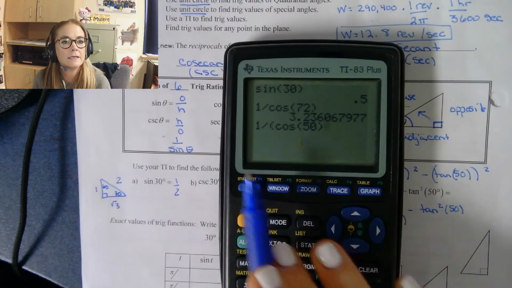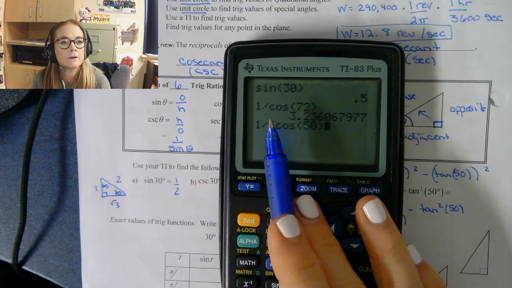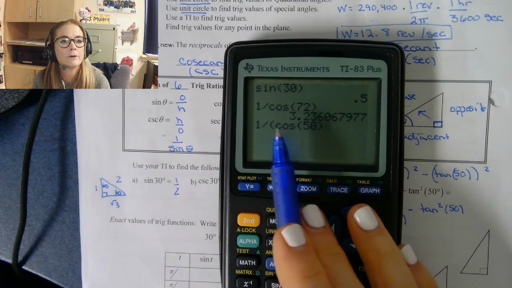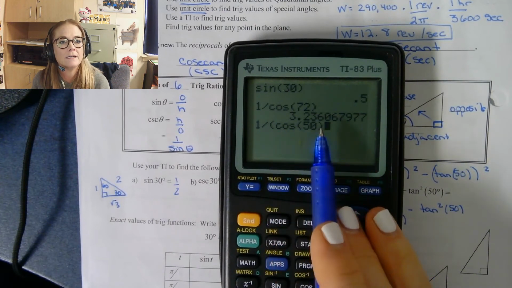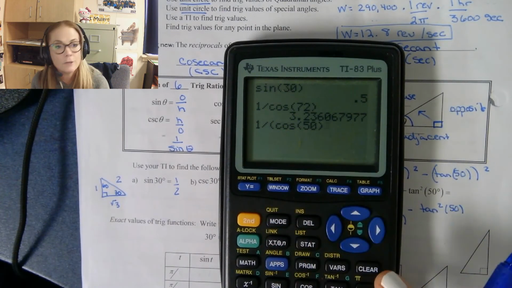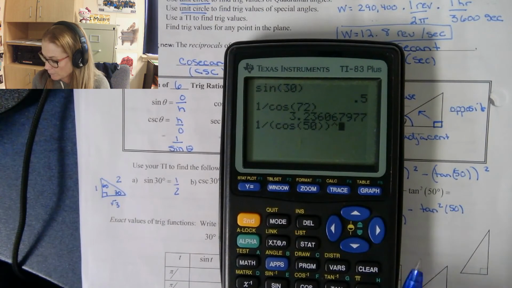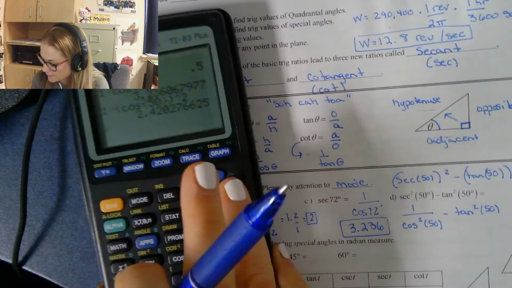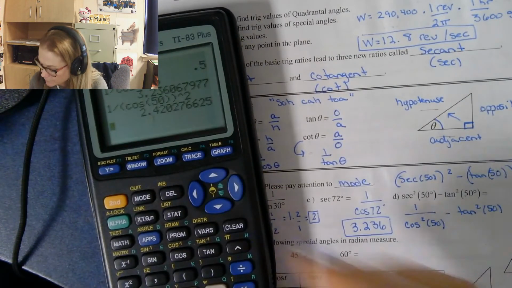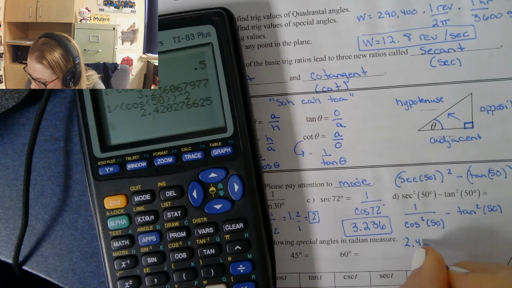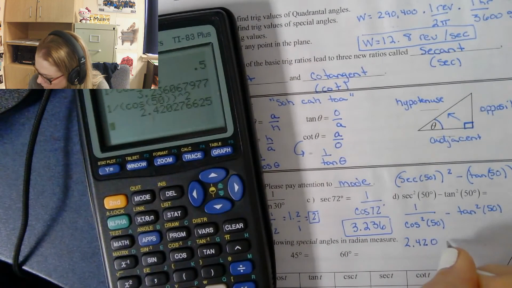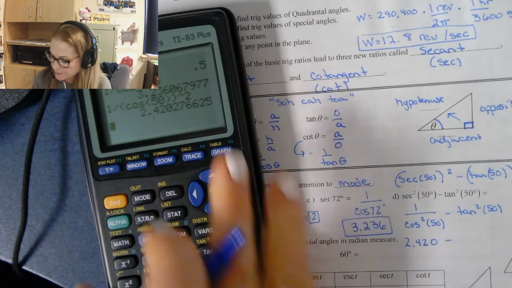Let me get it where you can see it. So you want to square the whole thing. So I'll put a parenthesis here. Cosine of 50, close that parenthesis, close the denominator parenthesis, and then square that. All right, so this is 2.420.